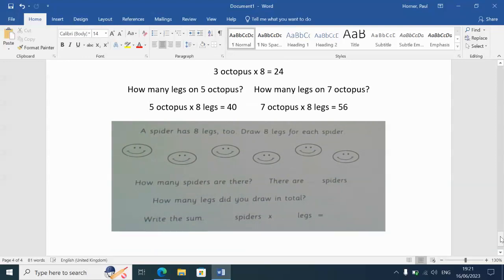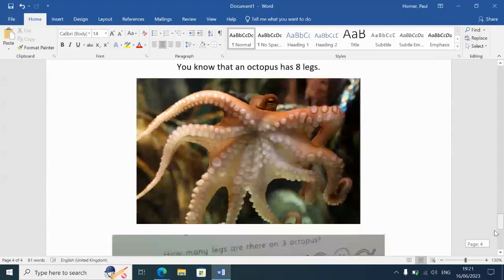There are 6 spiders. How many legs do you draw in total if each spider has 8 legs? So we've got 8 legs multiplied by 6 spiders. 48. Okay, 48 legs. So just some warm up activities.